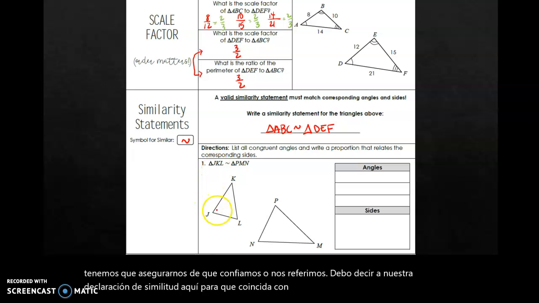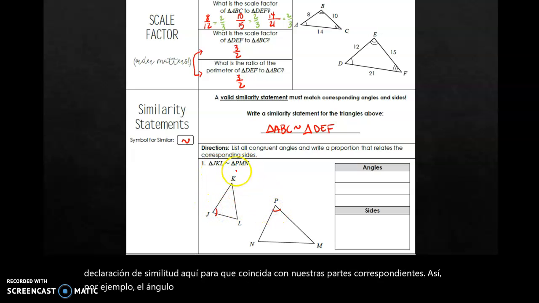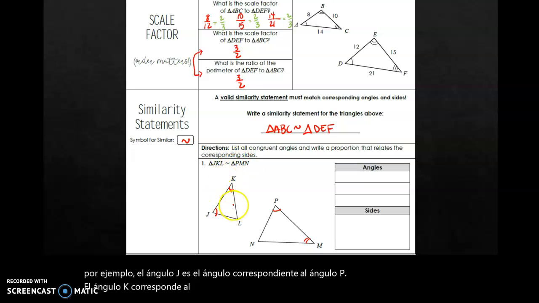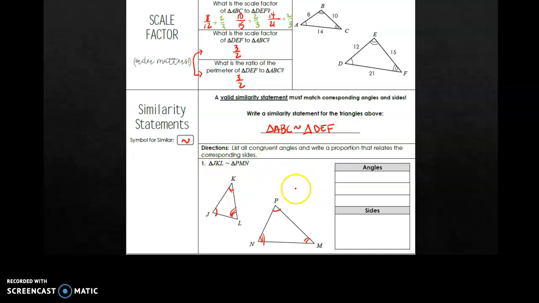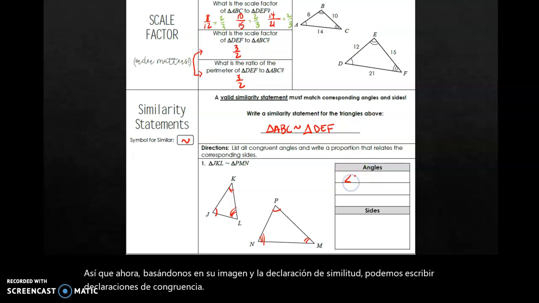So for example, angle J is the corresponding angle to angle P. Angle K corresponds to angle M according to our similarity statement, and L corresponds to N. So now, based on our picture and the similarity statement, we can write congruency statements of all of our corresponding angles.